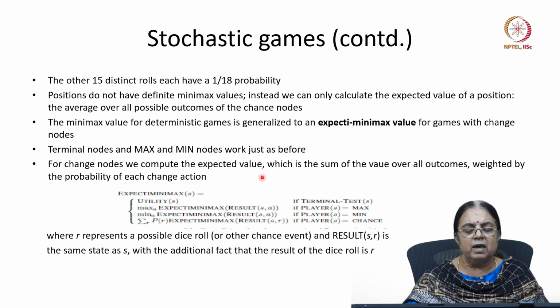In the case of chance nodes, you are going to have a summation of the probability of each of those different edges into the minimax value you have over there. For example, here if you want to find the value of this node, you have to take sigma of the probability of each of these nodes times the utility or the evaluation at that node, and that will give you the value of this node.